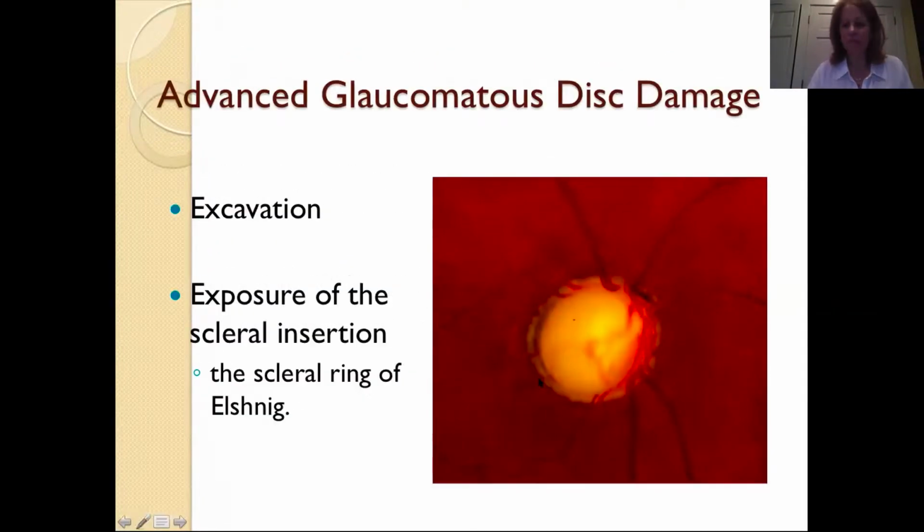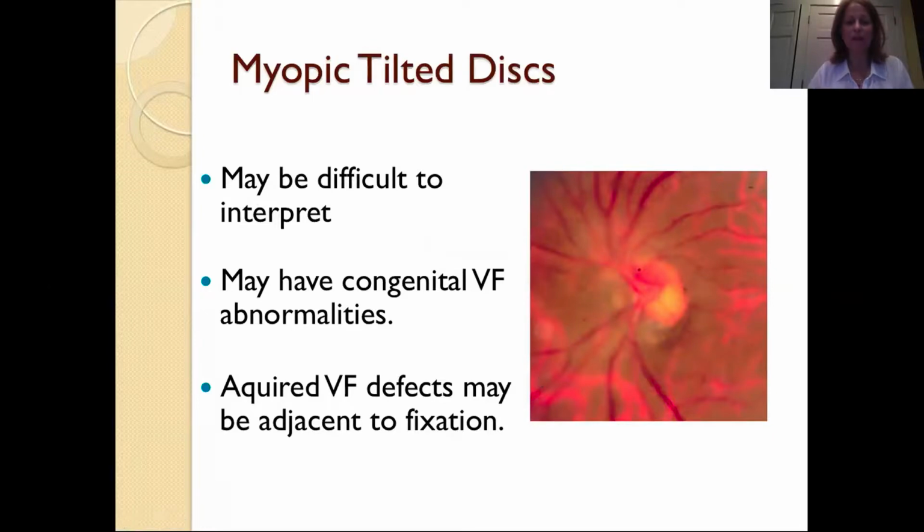Another type of optic disc to look for is the myopic tilted disc. These are congenitally anomalous discs, usually associated with myopia, often associated with high myopia, but can also be seen in moderate myopia. And they're sometimes just very, very difficult to interpret. And some of them will have slight visual field defects, just from the anatomy of the optic nerve.